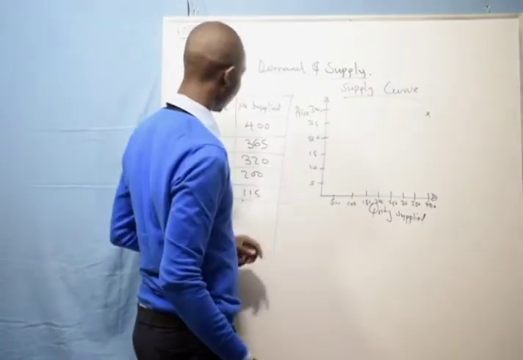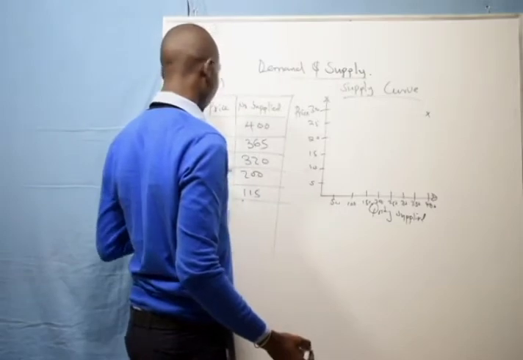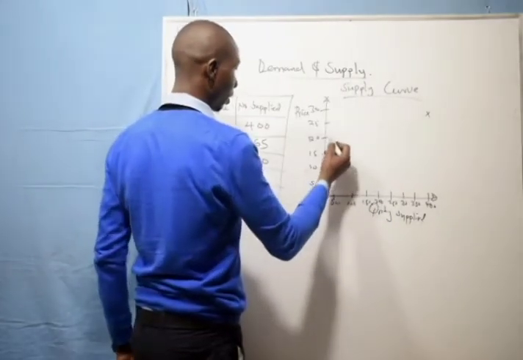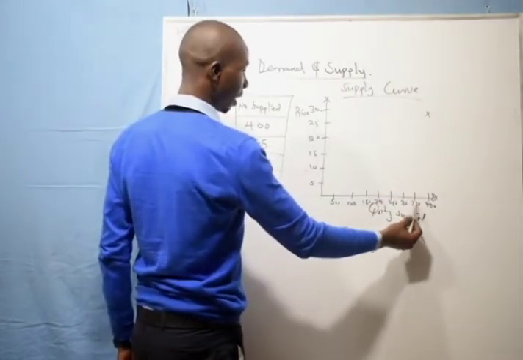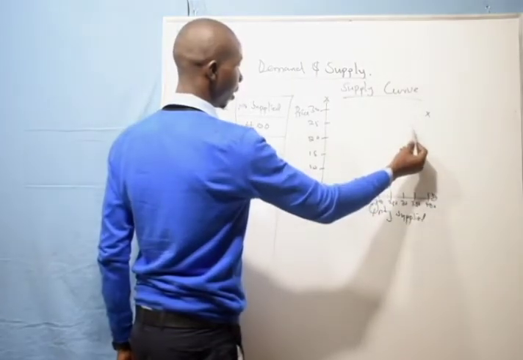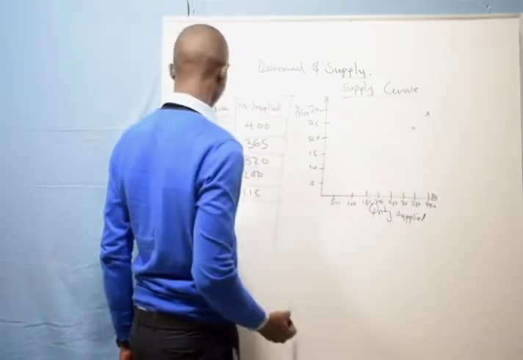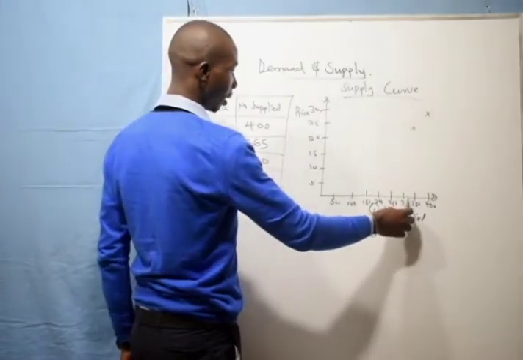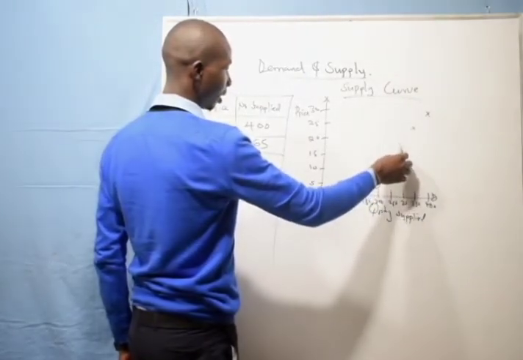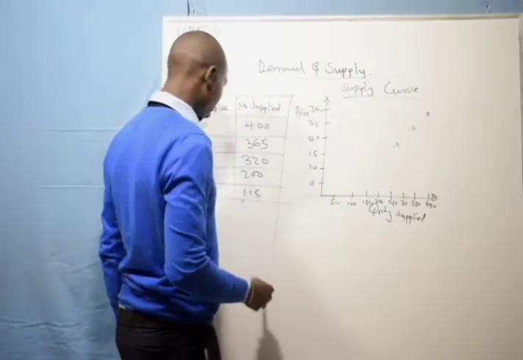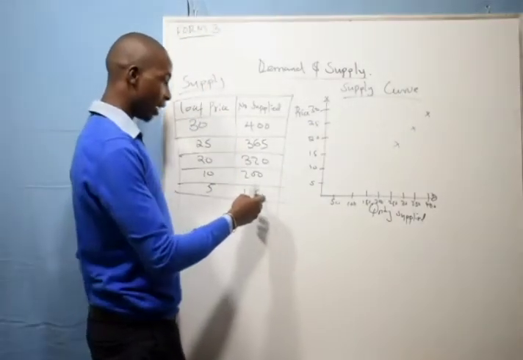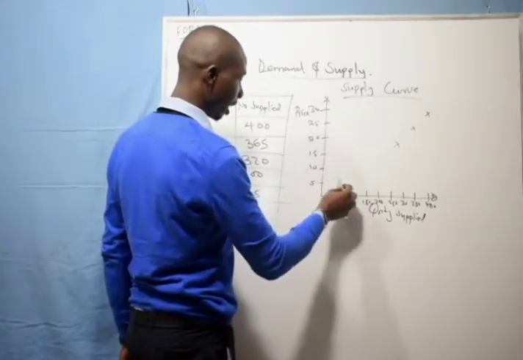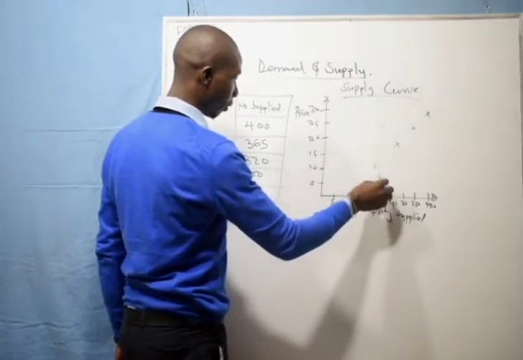We mark it. Let's go to 365, 25. So we go to 25, and we get 365, which is somewhere here. And what about 20? 320 is here, 20 is here. And what about 10? 10 is 200, somewhere here.